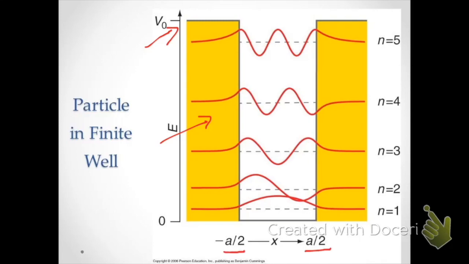Notice the length of the box is still equal to A, as it was in our first model, but for convenience in the solutions of the equation, it's easier to go from minus A over 2 to A over 2. Those are just arbitrary limits. The length is the same, but the solution is easier if we do it this way.